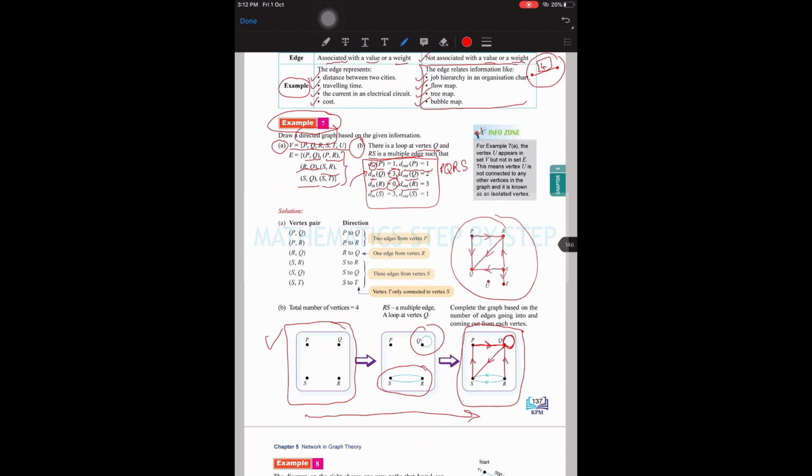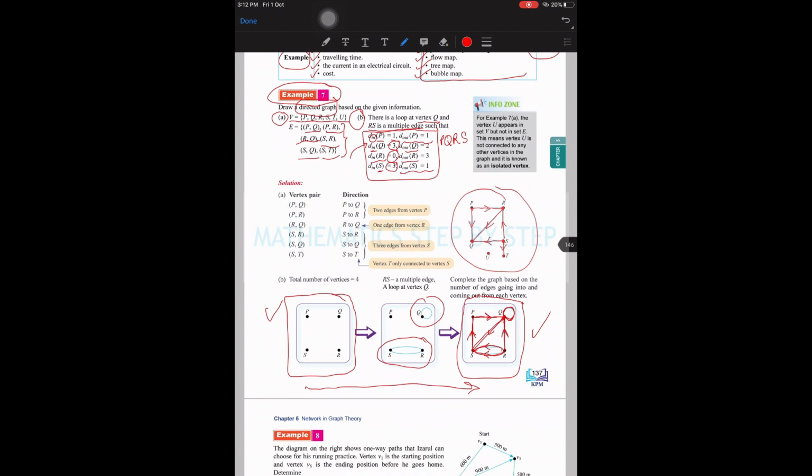Coming out from vertex R, there are 3: this is the first one, the second one, the third one. Then let's check vertex S. Going in, there are 3: 1, 2, 3, correct? Then coming out from vertex S is 1. So this one. So it is correct.